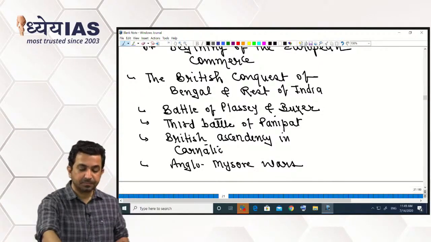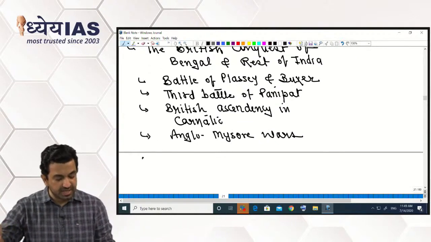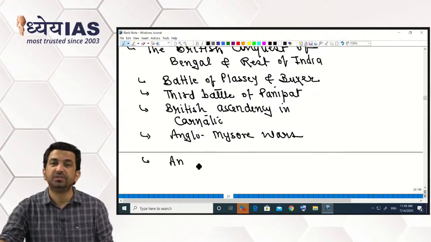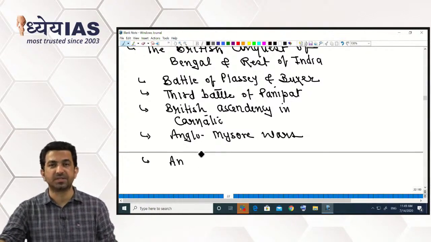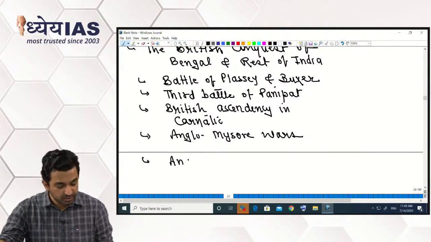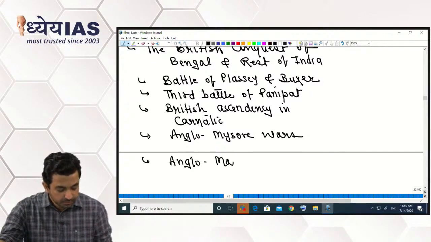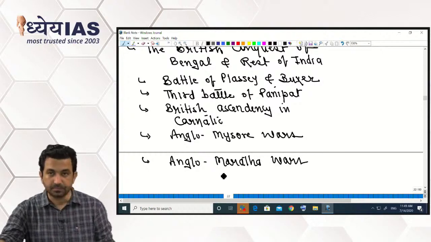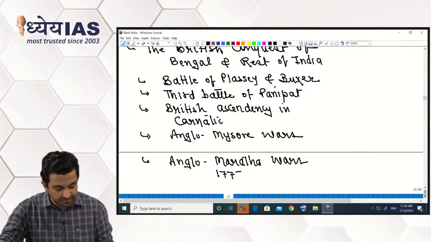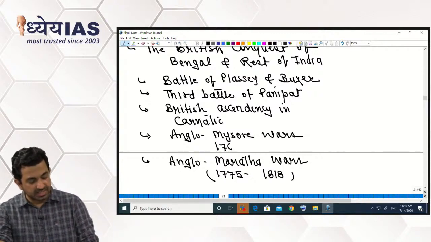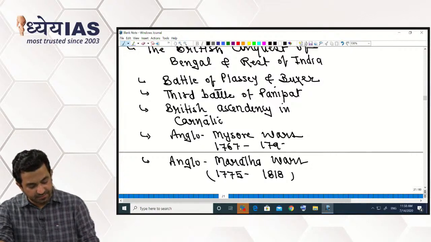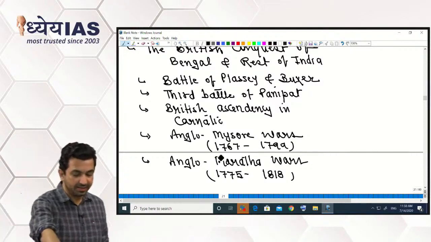Mysore became an integral part of British India. Similarly, the British East India Company fought three wars against the Maratha nobles, called the Anglo-Maratha Wars, from 1775 till 1818, while the Anglo-Mysore Wars were from 1767 till 1799.